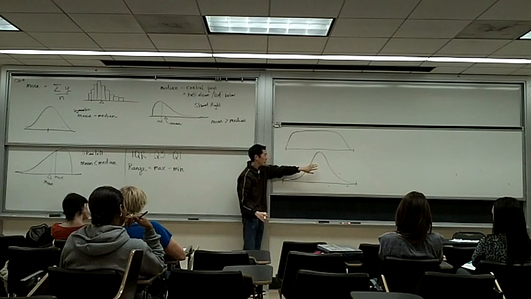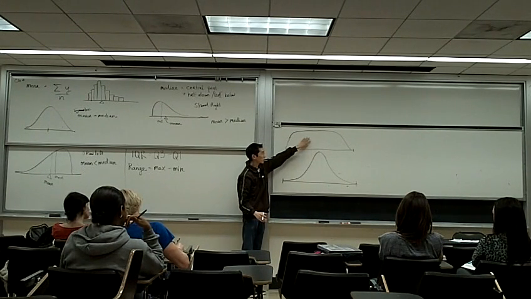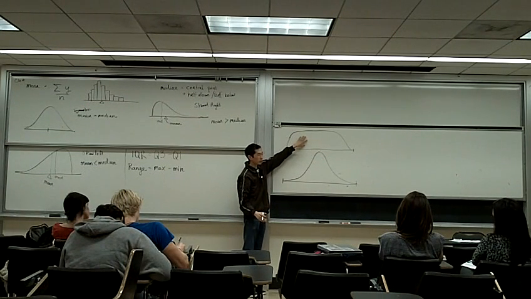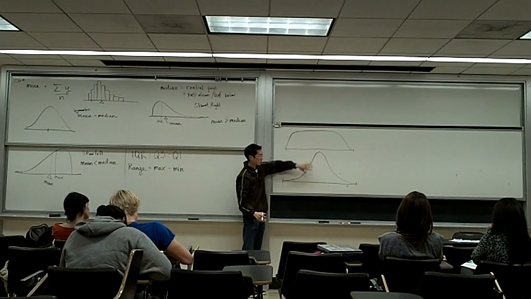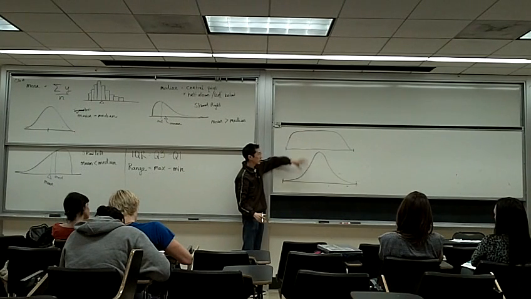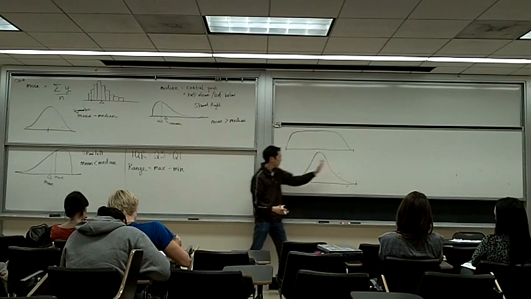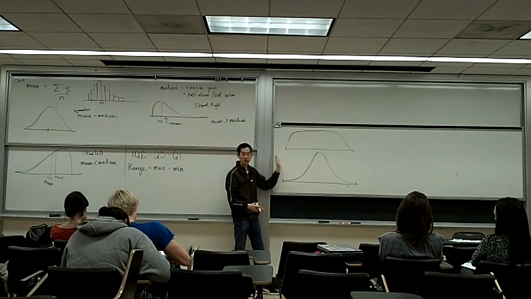So I would say that the IQR is smaller for this one than this one. This one has a larger spread than this one does. So this one has the larger IQR, and this one has a smaller IQR, even though the ranges are the same, even though the max minus the min is the same for both of these.